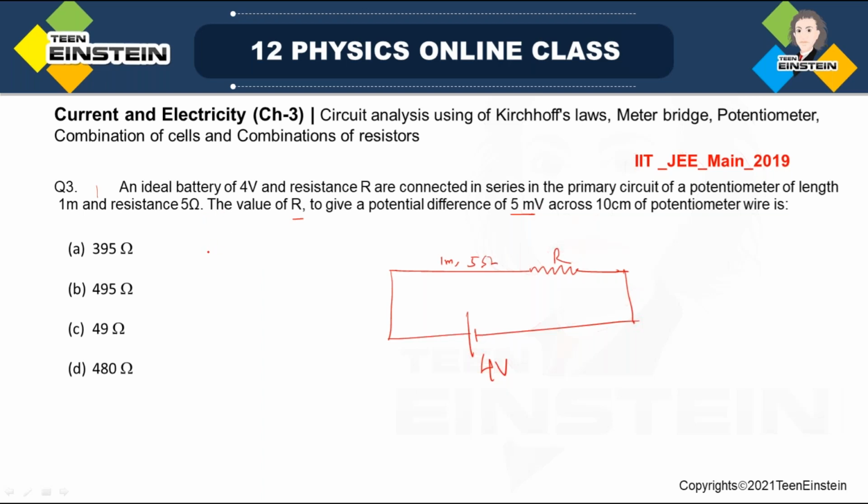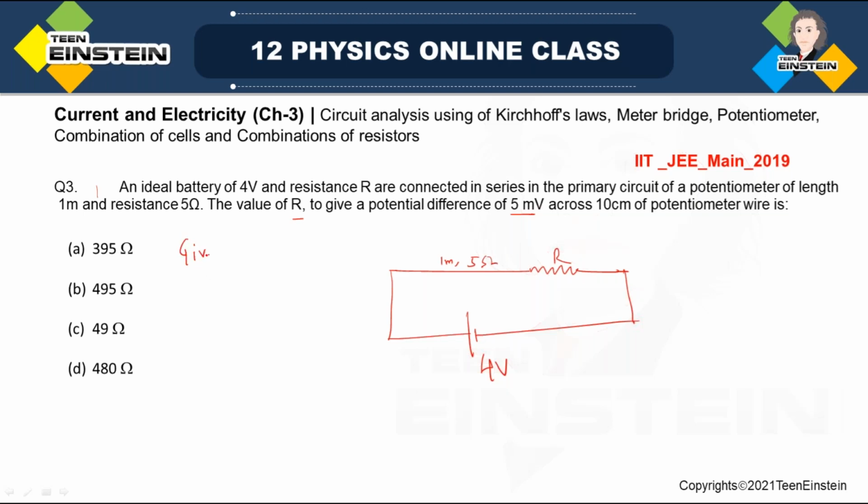Then what is the voltage drop, or potential drop, per unit length of that wire? Let me just write a single line over here.